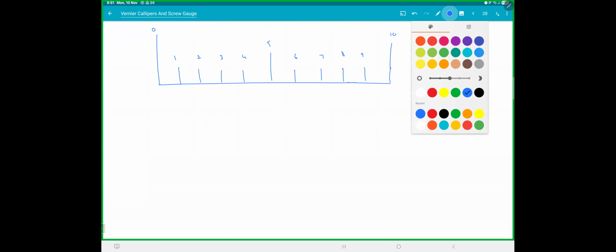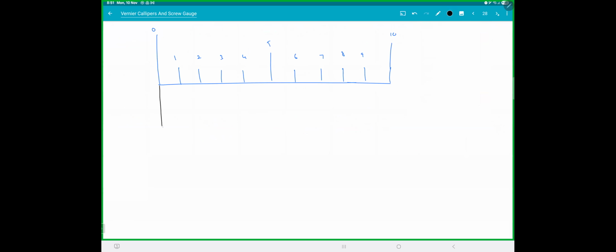Listen to this thing. So let's say I take the main scale: 0, this is 1 mm, second, third, fourth, fifth, sixth, 7, 8, 9, 10 mm. Now if you draw the Vernier, it has only 10 divisions and 0.9 mm.